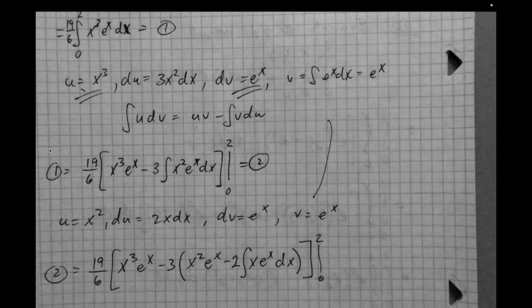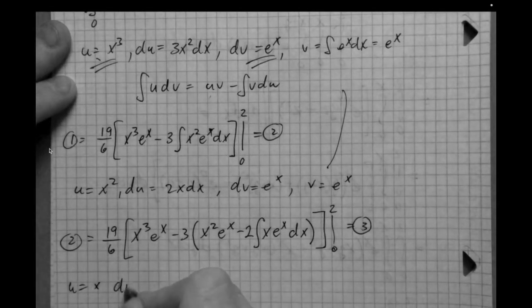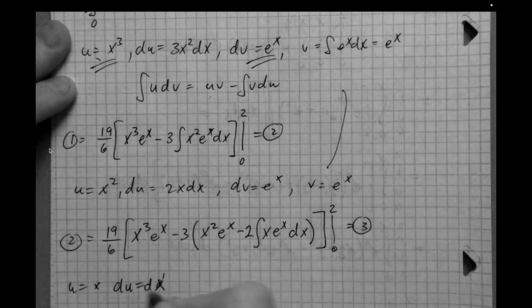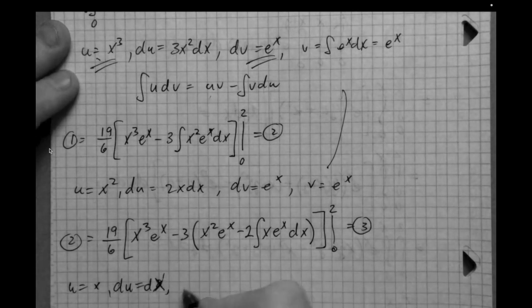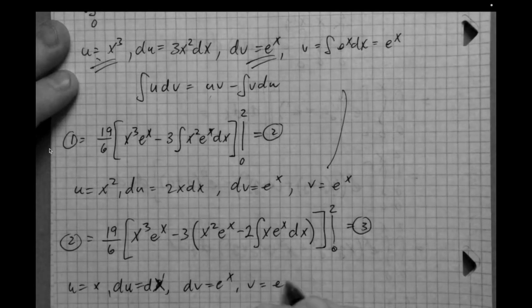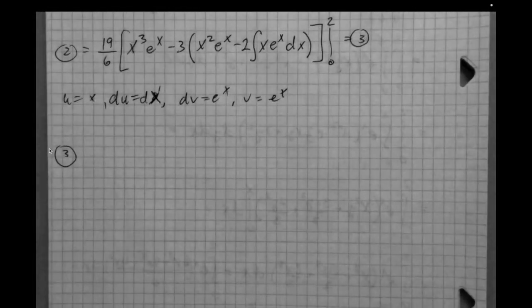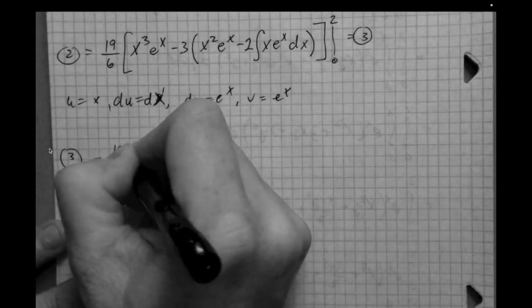And yet again, we'll have to use integration by parts a third time. Okay, so u is equal to x, du is dx, dv is e to the x, and v is equal to e to the x. Okay. So for this last one, this will be the last one.